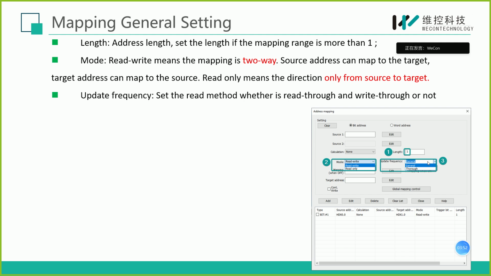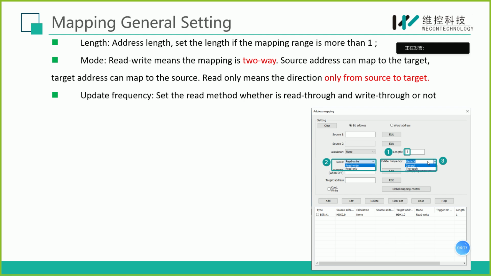Read and write means the mapping is two-way. Source address can map to the target, and the target address can map to the source. Read only means the mapping is one way, the direction only from source to target.